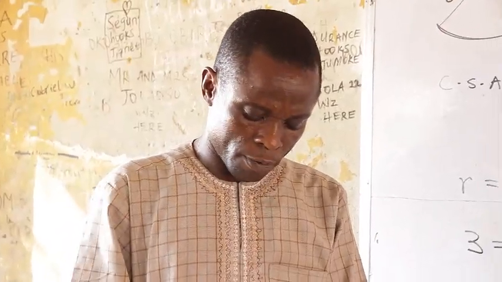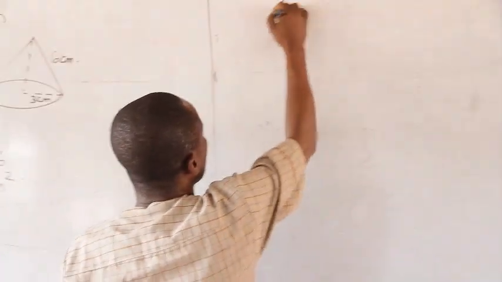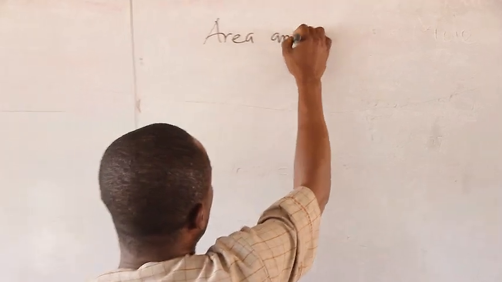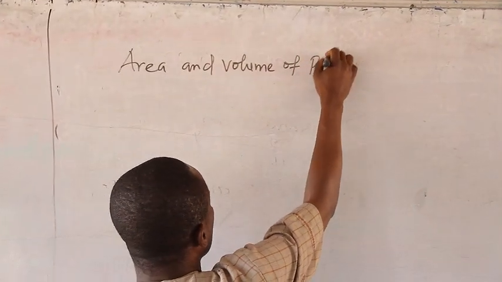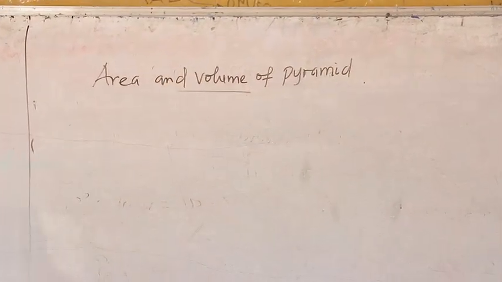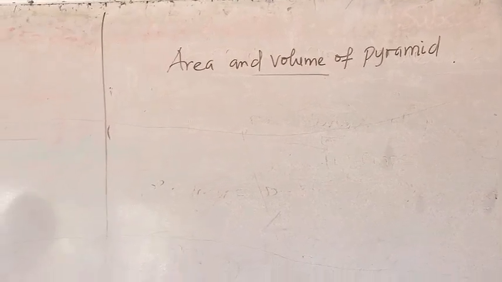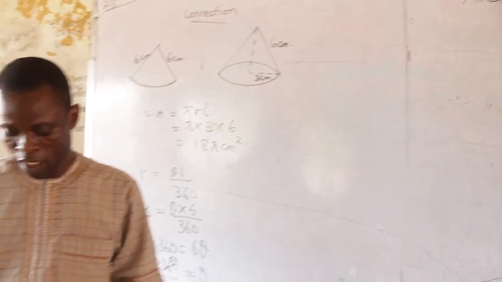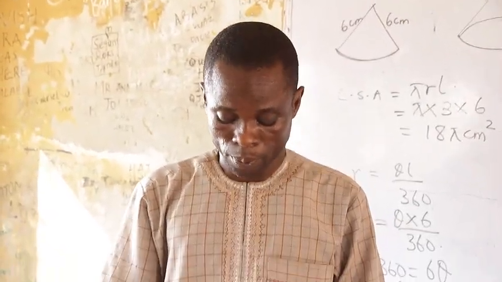area and volume of pyramid. Now we have different types of pyramid, but before that, let me just give you the definition of this pyramid. Please write this down.